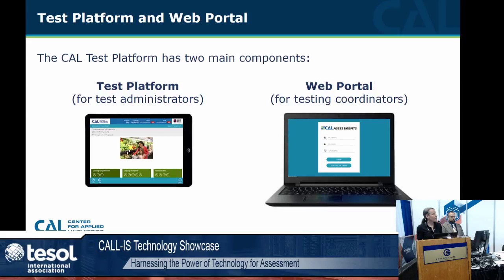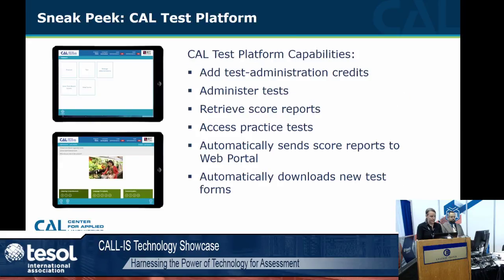On the right side, you have the web portal, and the web portal is mainly for testing coordinators. And this is for them to basically track test administrations as they're happening or after they've happened. So the CalTest platform has a number of capabilities.